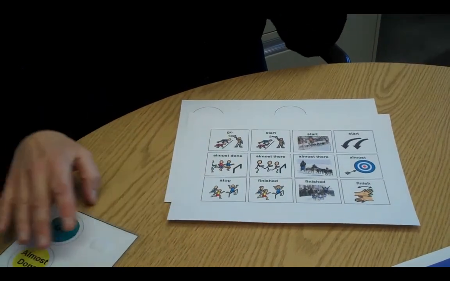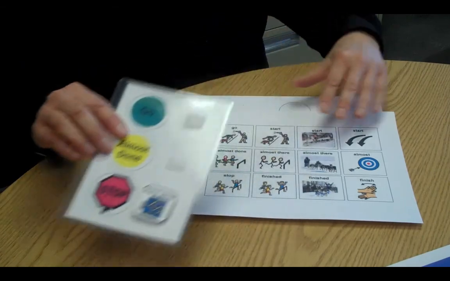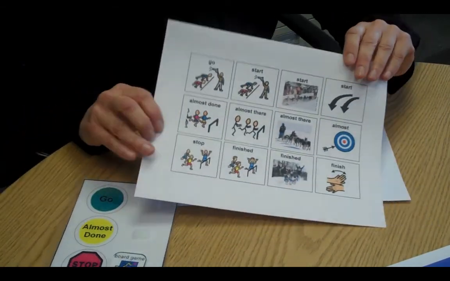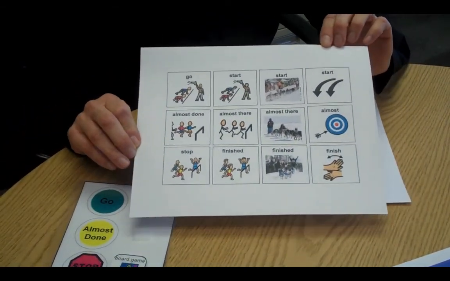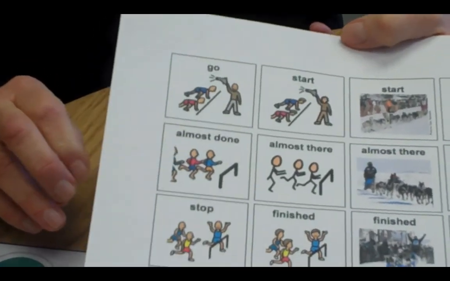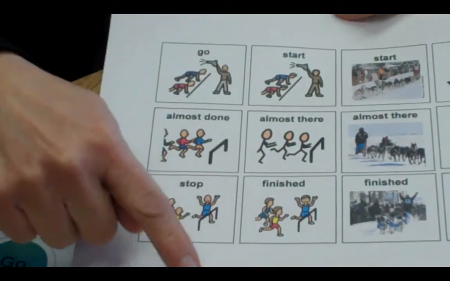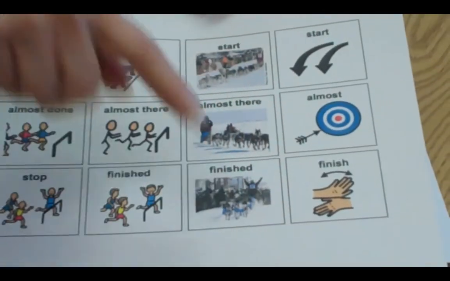And you can also just use the traditional color them in and write the words, or we've also provided you some pictures that are another way to represent Go Almost Done and Stop. So we have a racing theme, an Iditarod theme, and then just a symbolic theme.